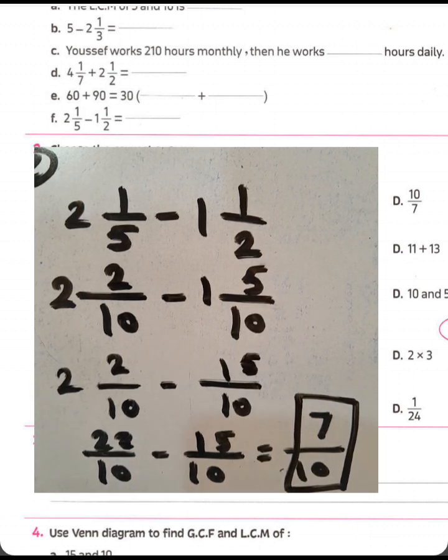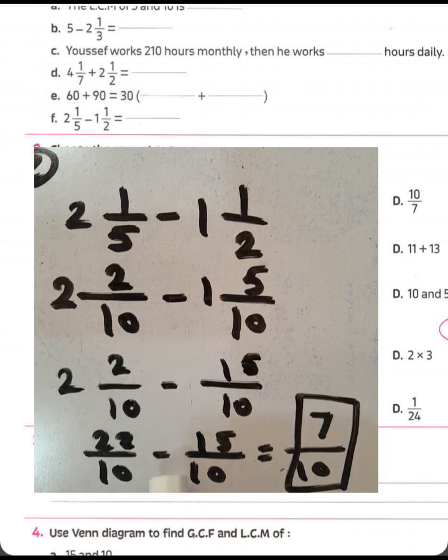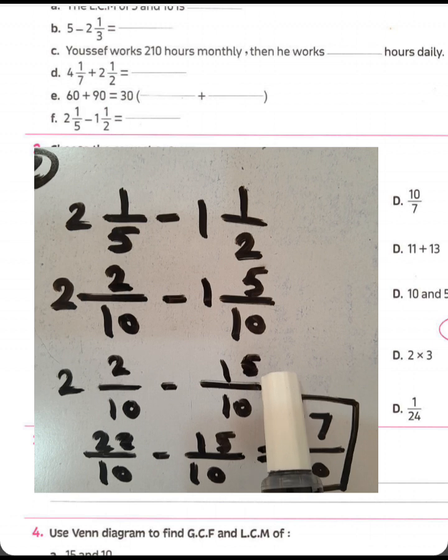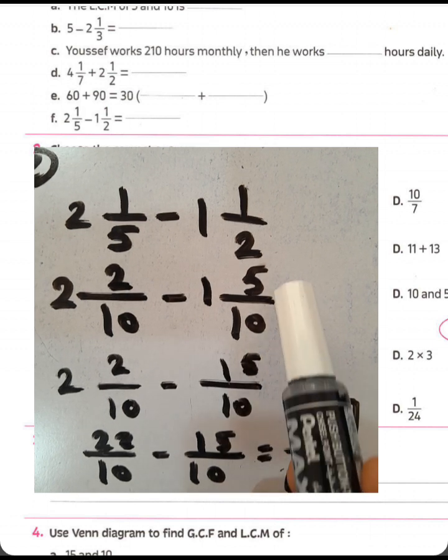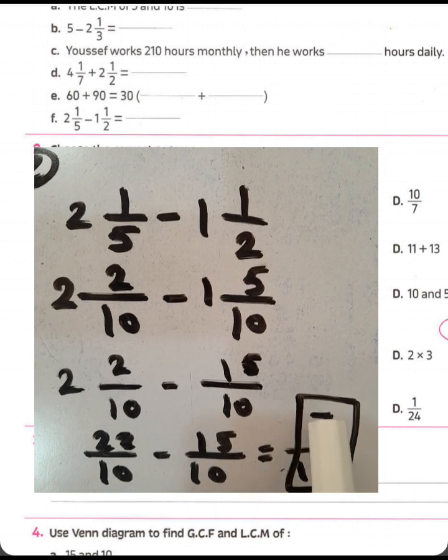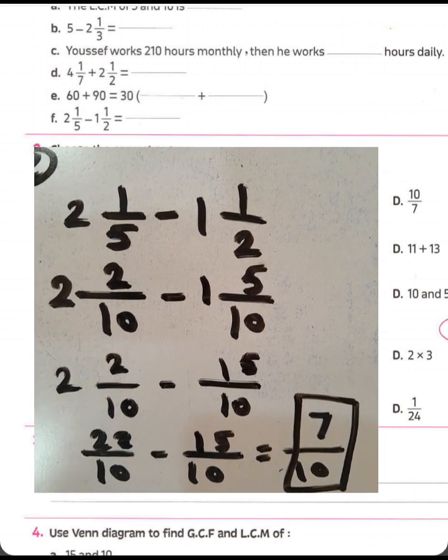Then we can convert from mixed number to improper fraction. Write 10 in the denominator. 2 times 10 equals 20. 20 plus 2 equals 22. Subtract. Write 10 in the denominator and 15 up here because 1 times 10 equals 10. 10 plus 5 equals 15. 22 subtract 15 equals 7, and denominator 10. The result will be 7 over 10.